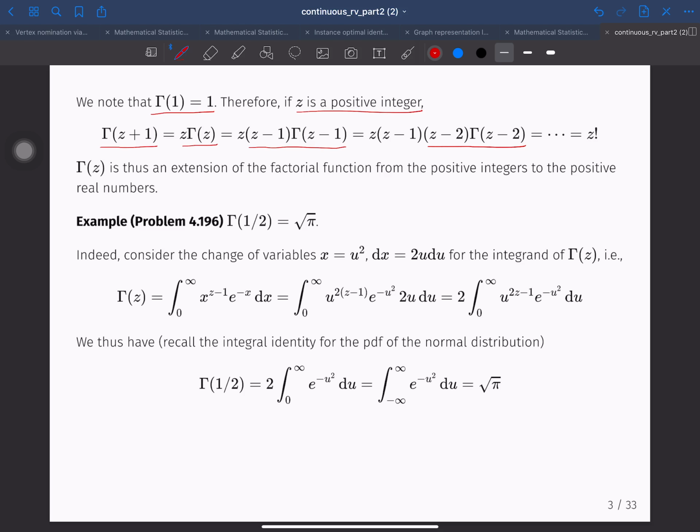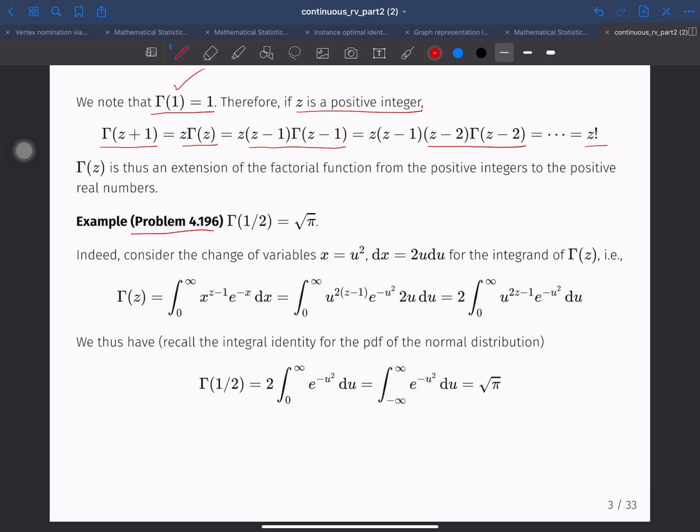You add that in, and then all the way down to gamma 1, which we say is equal to 1. So you have z factorial. So in a sense, the gamma function is an extension of the factorial from the positive integers to the positive real line.